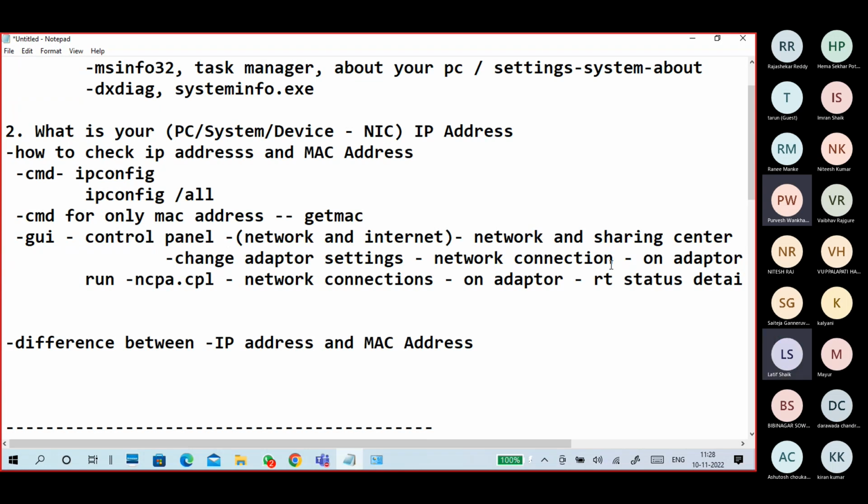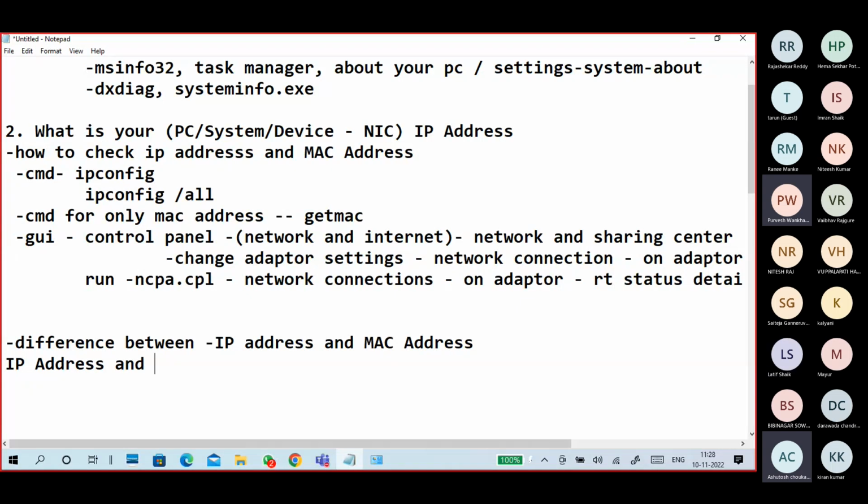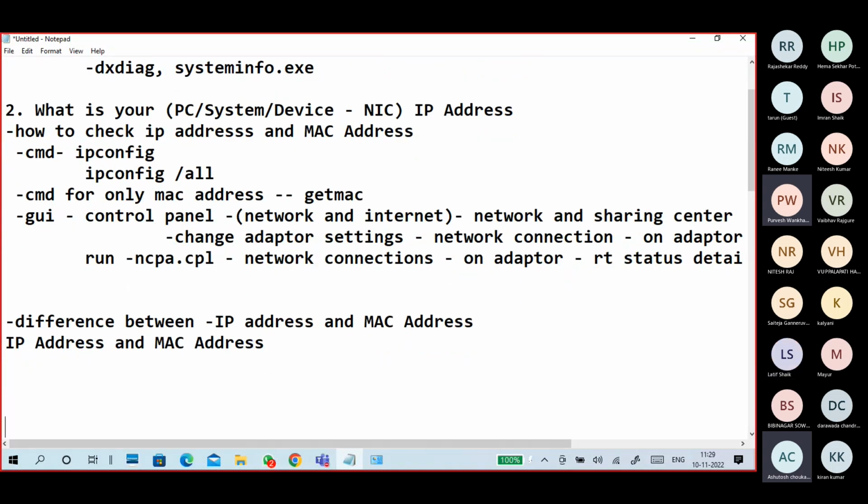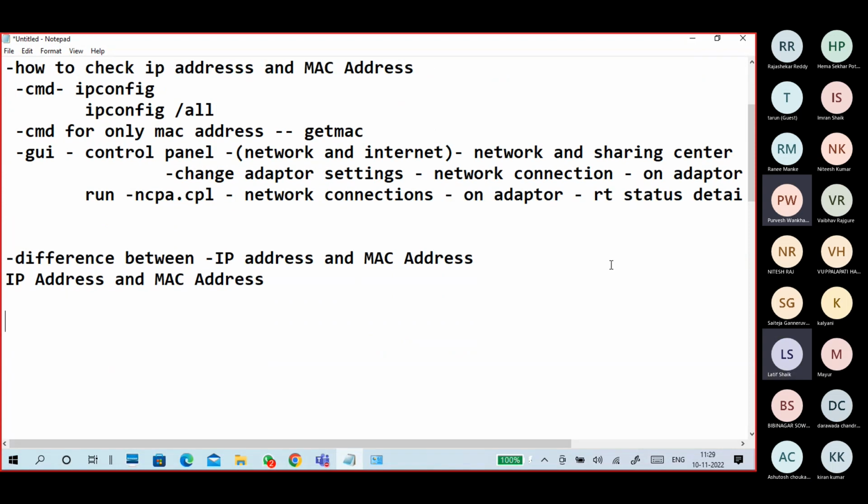Okay, guys, what is the difference between IP address and MAC address? This is media access control, sir, and IP address is internet protocol. Very good.